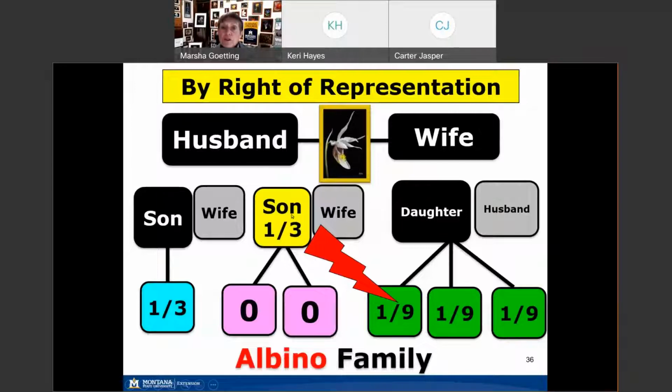And this representation means this child, in a sense, is representing the dad, who was a son of the mom. So it passes through by right of representation. And that is a very important concept for you to take a look at when you're signing your POD.